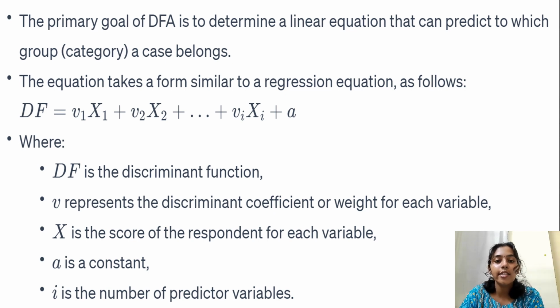Here DF is the discriminant function, v represents the discriminant coefficient or weight of each variable, x is the score of the respondent for each variable, a is a constant, and i is the number of predictor variables.